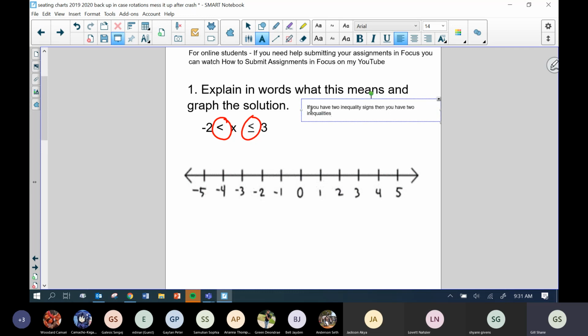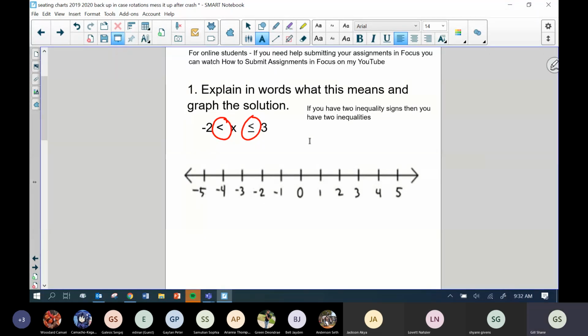Kind of pretty simple, right? Well, that's kind of small. I'm sure you can probably see it, but let me zoom in a little bit. There you go. If you have two inequality signs, then you have two inequalities. So I'll give you a second to write that. I'm actually going to write one more thing too.